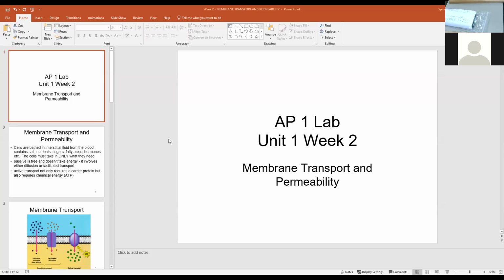So if you have slides that I'm not talking about, don't worry about it. I've cut it down a lot because yesterday it just seemed like it went on and on and on. Okay, membrane transport and permeability.